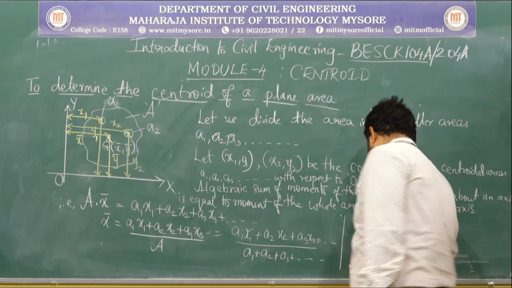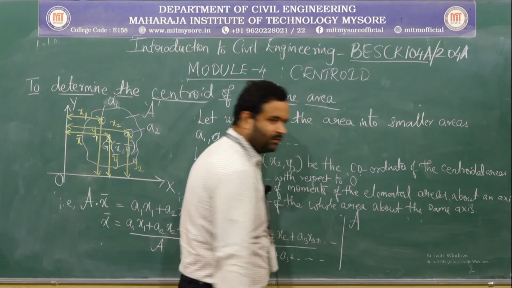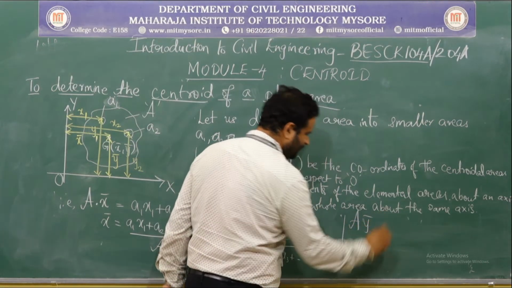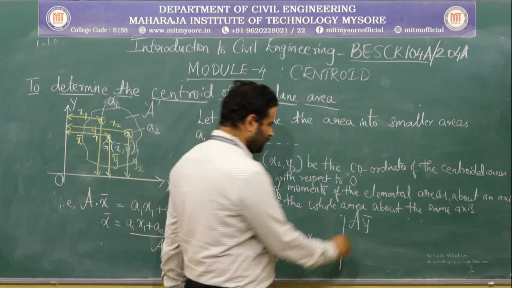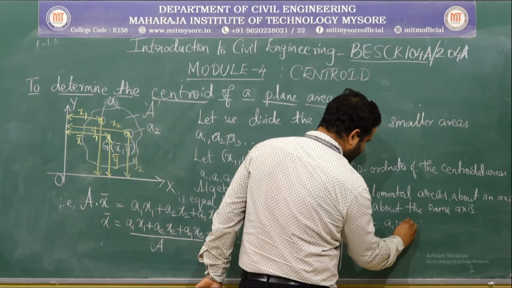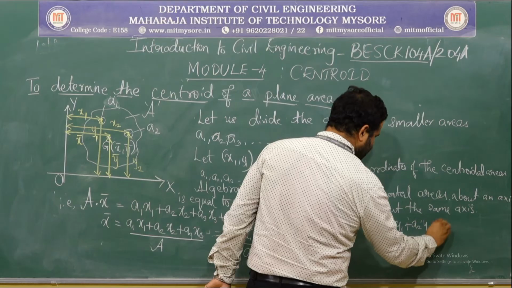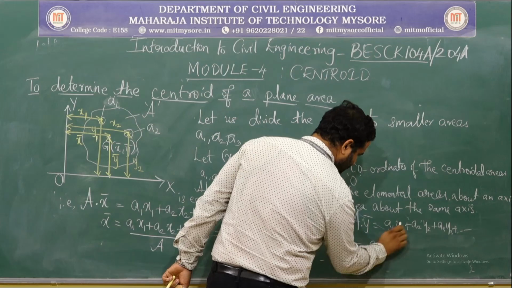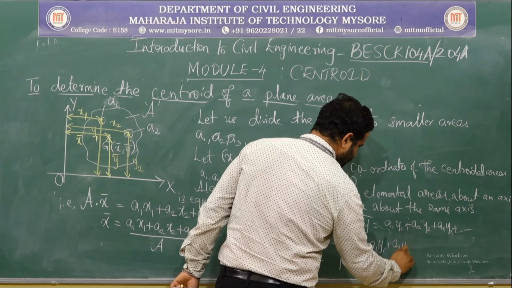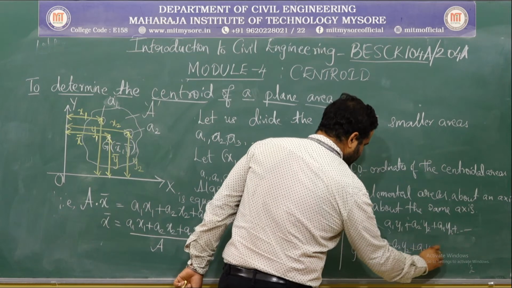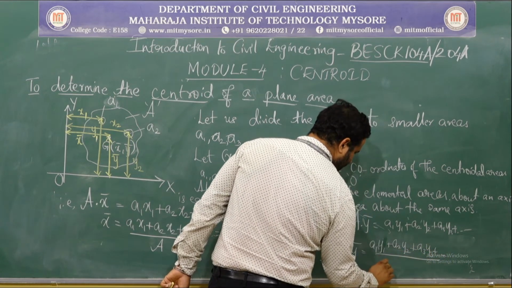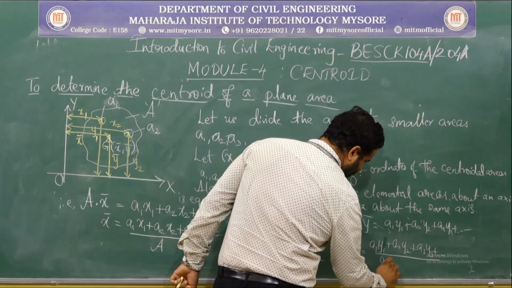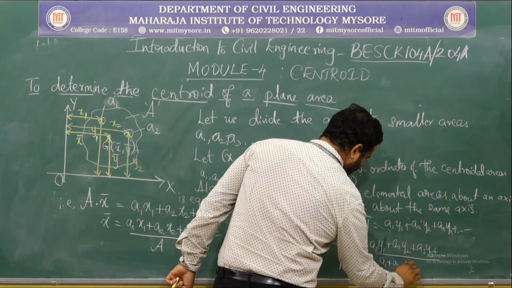Similarly, if we take up the algebraic sum of all the areas and the moments with respect to the y component, we get A into y bar is equal to A1 y1 plus A2 y2 plus A3 y3 plus etc. So, y bar will be equal to A1 y1 plus A2 y2 plus A3 y3 etc. by capital A, which is nothing but the summation of smaller areas, that is A1 plus A2 plus A3.